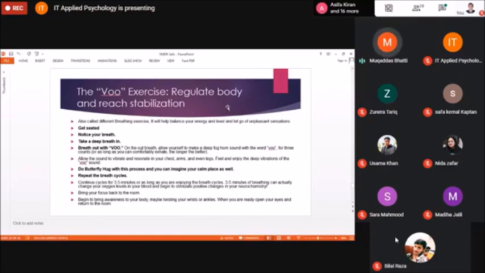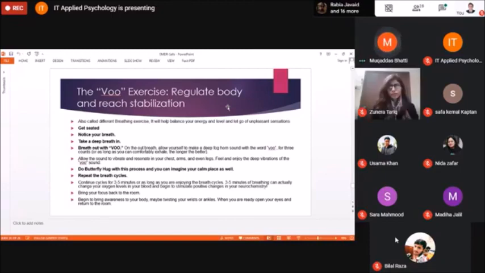When you breathe out, allow yourself to make a sound with the word woo. When you breathe in, you hold the breath for 2 to 3 seconds, and when you exhale, you make a noise of woo. When you are feeling very agitated and frustrated, this exercise works really well.